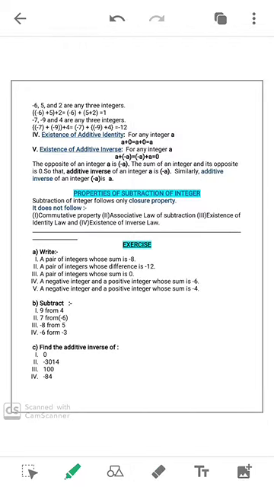Now fourth, a negative integer and a positive integer whose sum is minus 6.